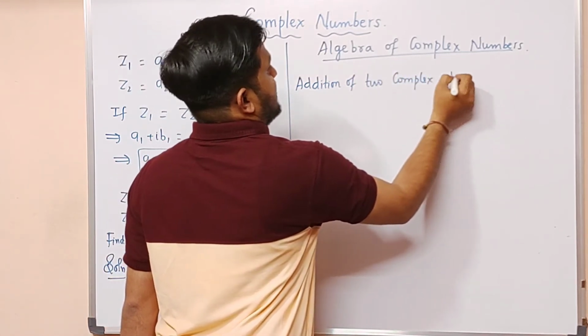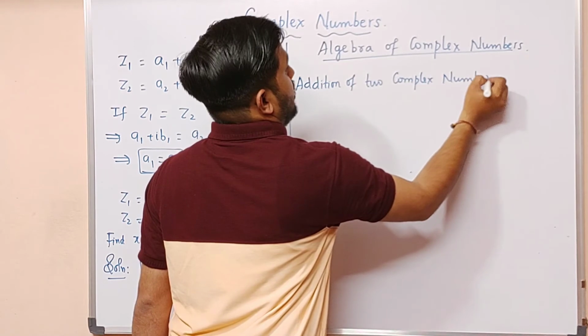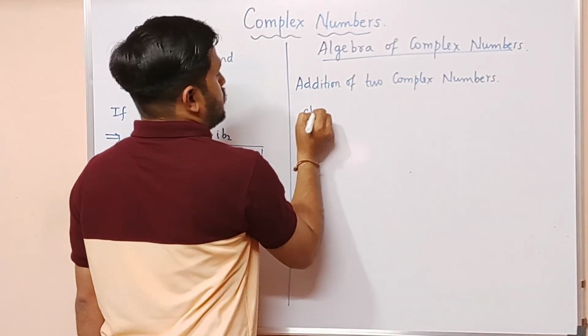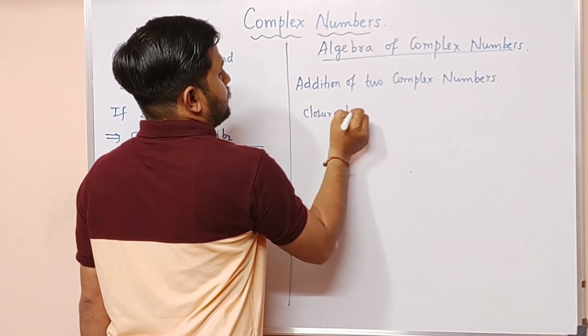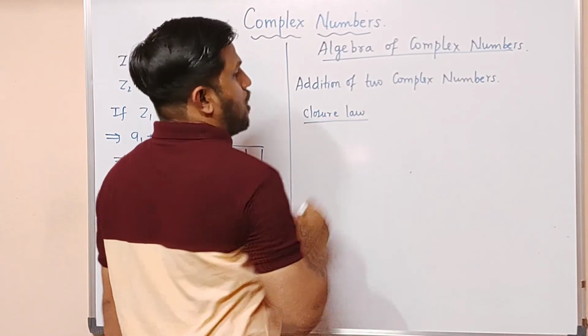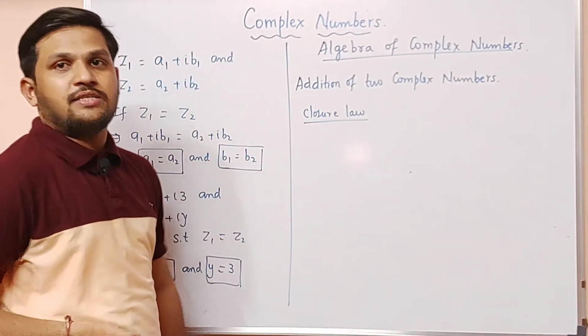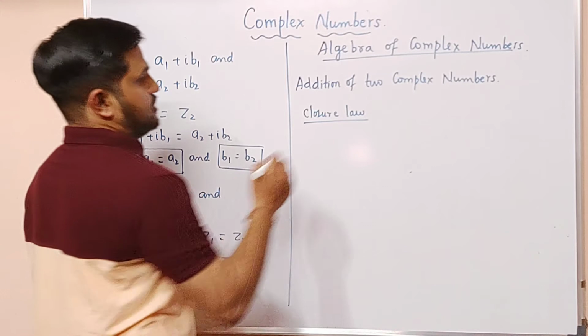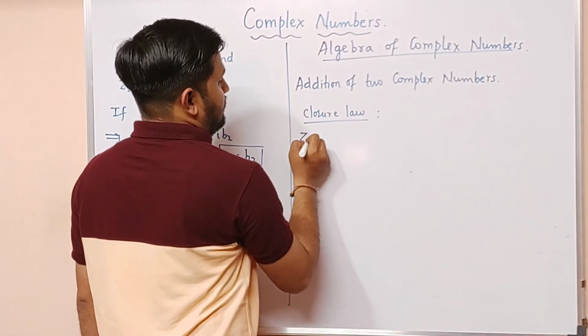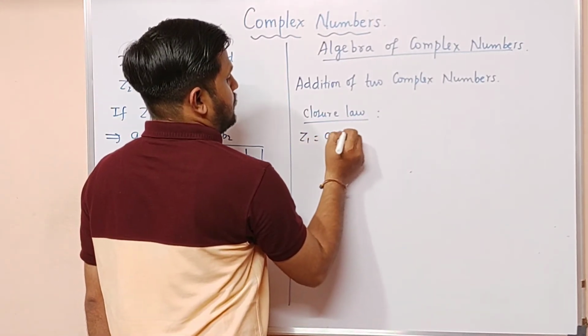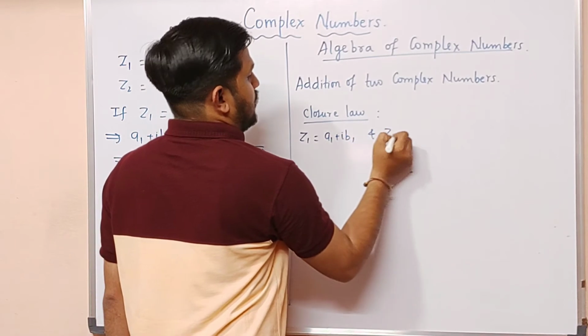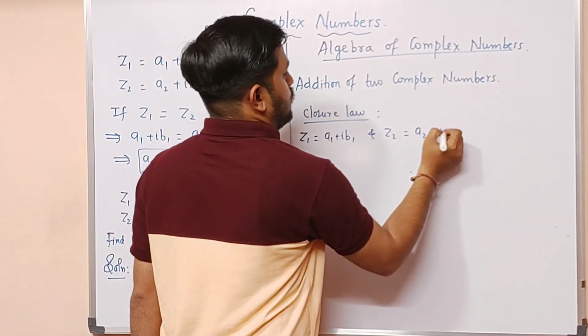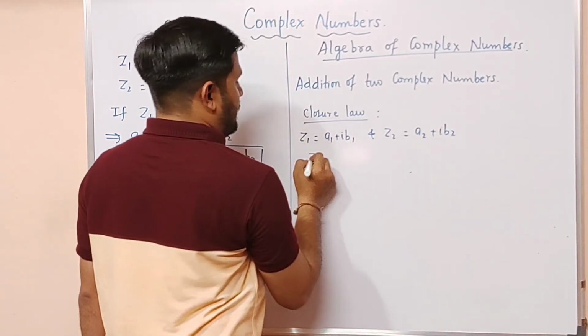The first property, let us observe the closure law. What is the meaning of closure law? Addition of two complex numbers is again a complex number, which we can easily observe. If I consider z1 as a1 plus i into b1 and z2 as a2 plus i into b2, what is z1 plus z2?